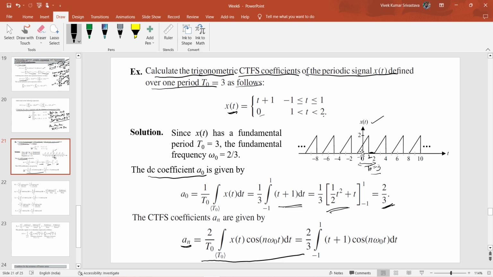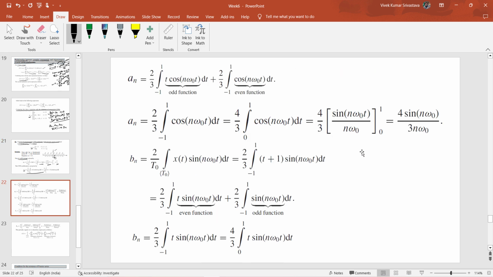I am taking the integration from -1 to 1, because from 1 to 2 the value is already 0. Once you solve this, the value of an that you will get is 4 sine(n omega naught) over 3 n omega naught.